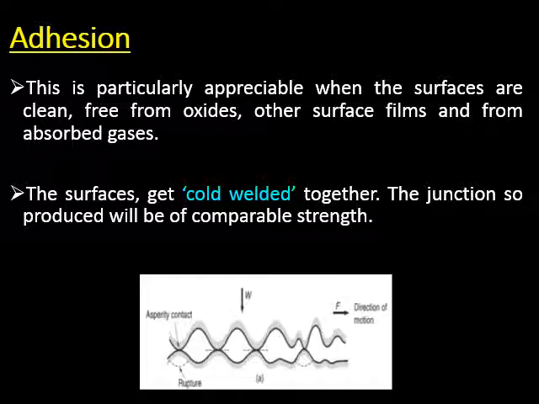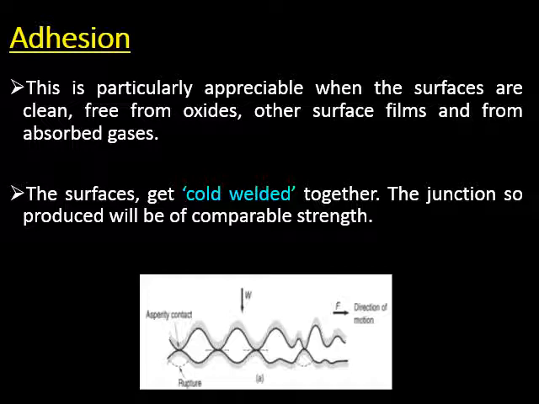And if we want to separate the two surfaces, we need to exert sufficient force to slide them or to pull them from each other, and this can be easily demonstrated in laboratory conditions for some of the materials, some soft and ductile materials like lead and indium.